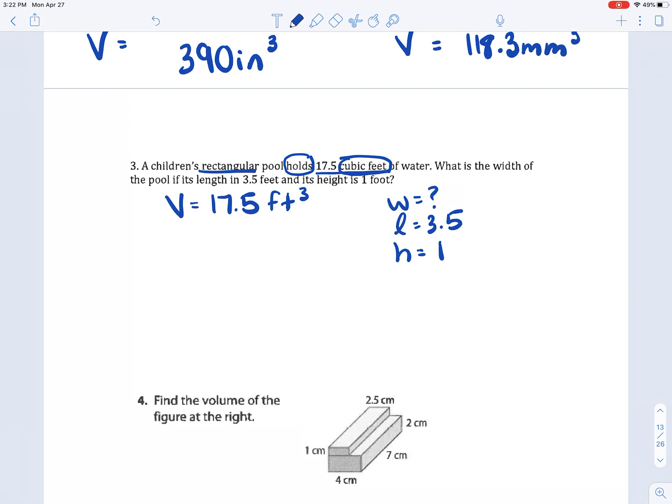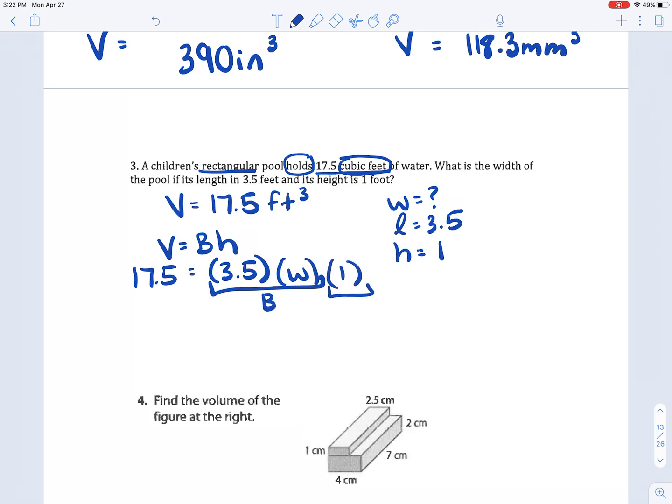So now that we have everything written down, let's go to our formula. If I'm talking about volume and it's a rectangular pool, I know it's a prism. Volume is the area of the base times the height. Now we'll fill in the information we have. They tell me the volume is 17.5. Area of the base, since it's a rectangle, would be the length times the width, or 3.5 times W. That gives me my capital B, times the height, which would give me 1.